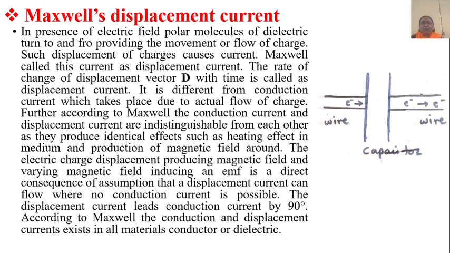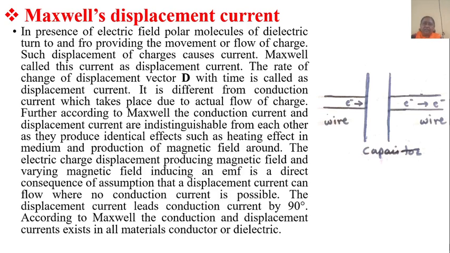Best example of displacement current is capacitor. Now see in figure, consider a capacitor and wire, and if we apply an AC supply to this device, the current flowing in the conductor is because of the flow of electrons here.